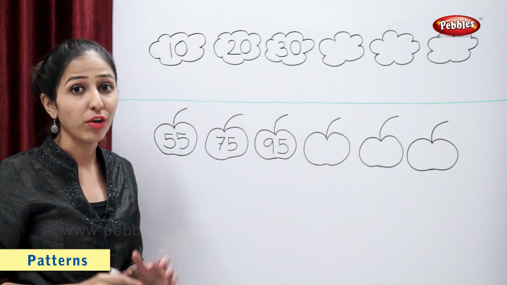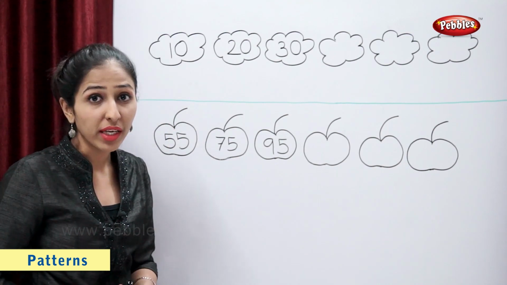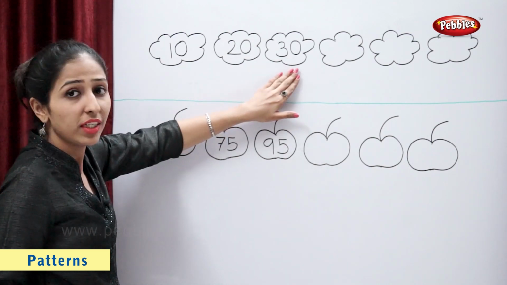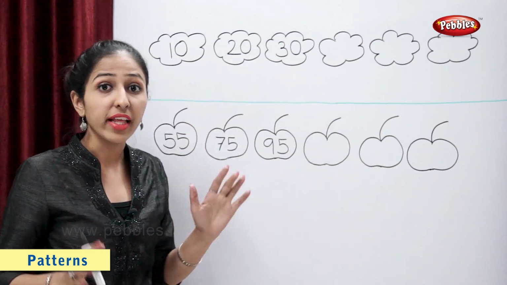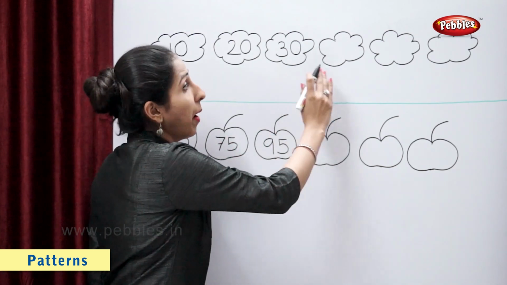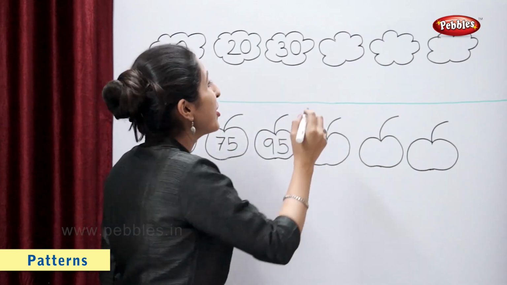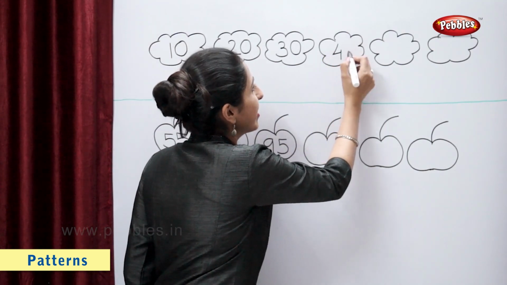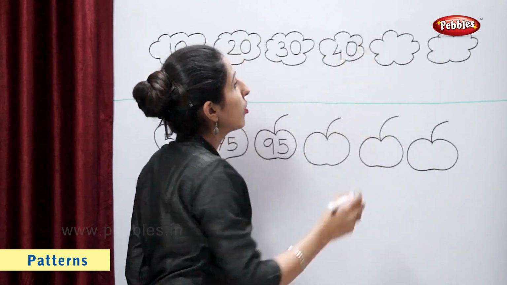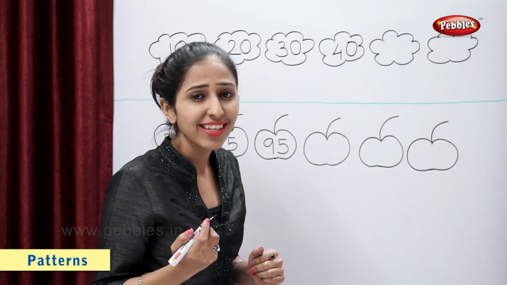There is a difference of 10 between these numbers. So tell me, which number will come after 30? As there is a difference of 10, 30 plus 10 is correct. 40. 40 plus 10 is how much?